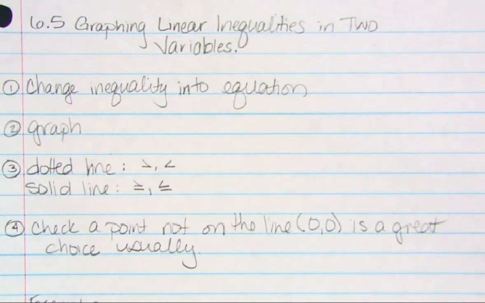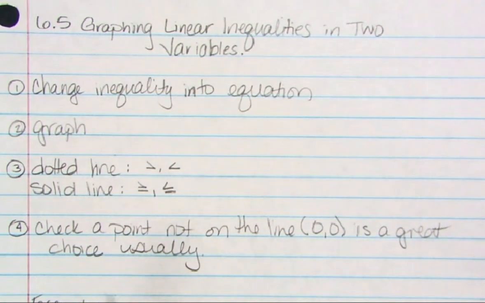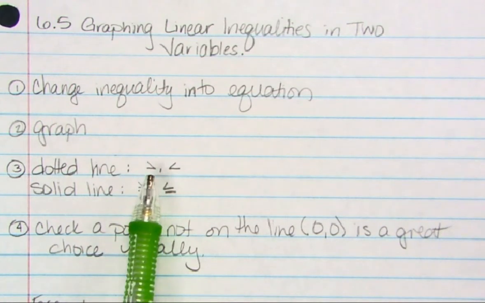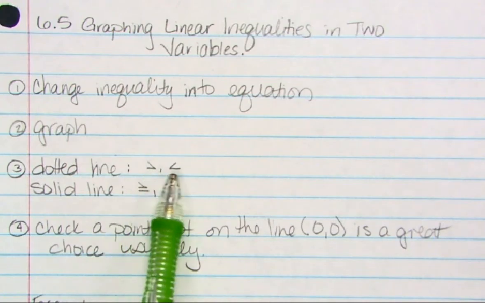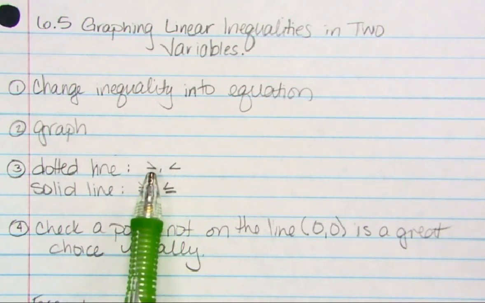Once it's graphed, once you have your little points down on the graph, that's when you consider: is it a dotted line or a solid line? Just like before, when we graphed inequalities on the number line, if it was less than or greater than, without the equal sign, we had an open circle.